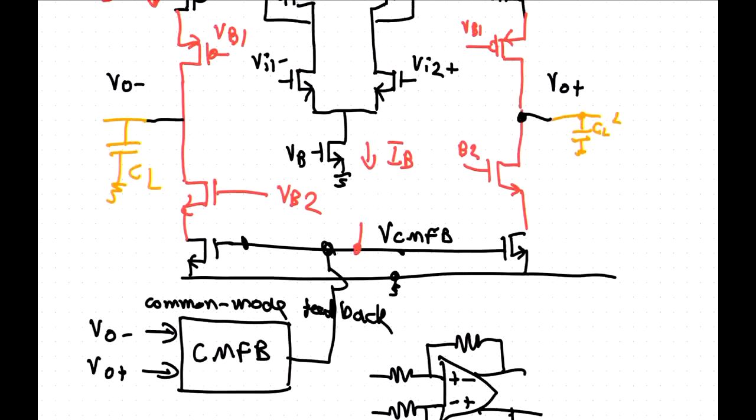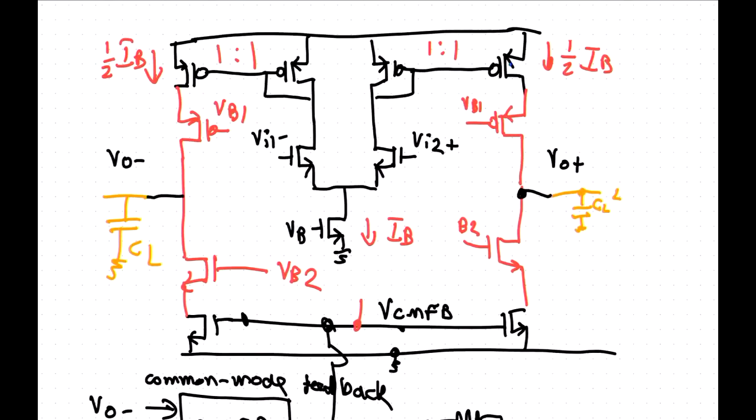If we drive the common mode feedback here, if we increase this voltage here, if that goes up, we will pull more current down here and more current down here, which means that those two output voltages will both drop. So we're reducing the common mode voltage if we're increasing this voltage. Now, we can make a symmetrical op amp where this sits at the top, that would be different then. But for this circuit here, if we increase this voltage, the common mode will reduce.